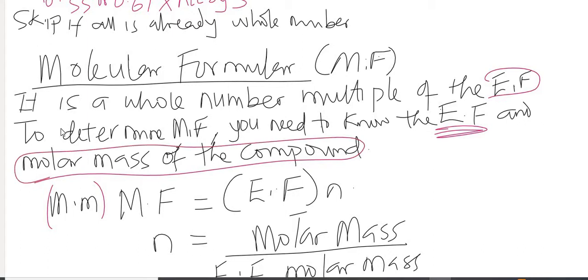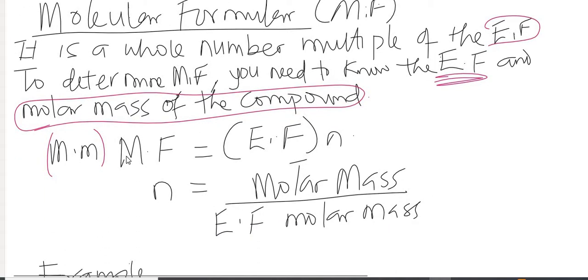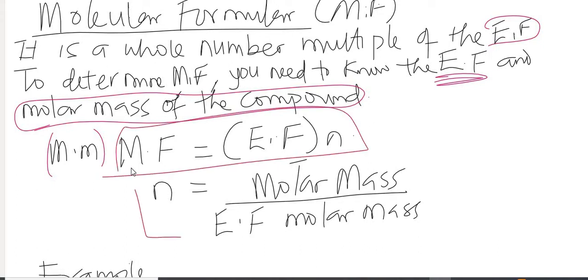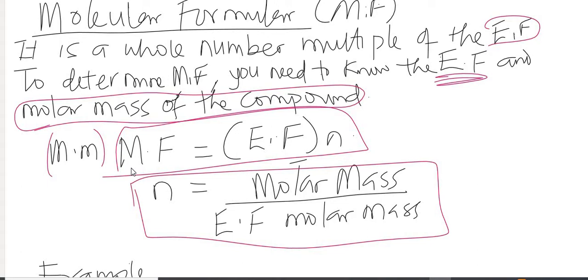When we know them, the relationship becomes: molecular formula equals the empirical formula multiplied by n. Then we solve for n, which is the molar mass of the molecular formula, which is always given, divided by the molar mass of the empirical formula.